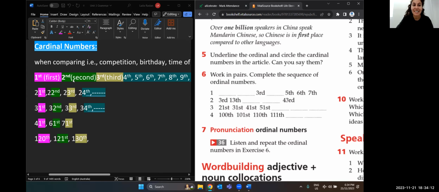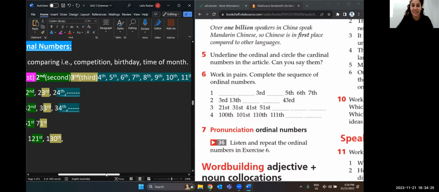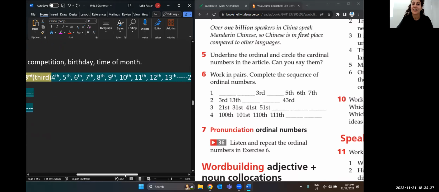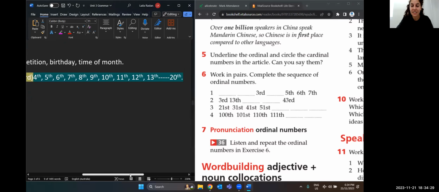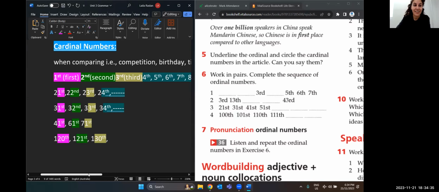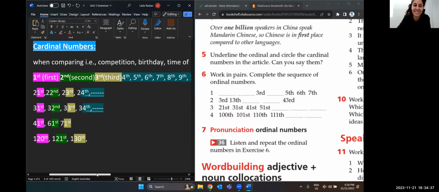First, second, third, fourth, fifth, sixth, seventh, eighth, ninth, 10th. 11th, 12th, 13th, and you continue all the way to 20th. That's a super hard one.